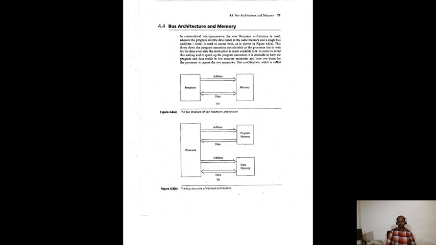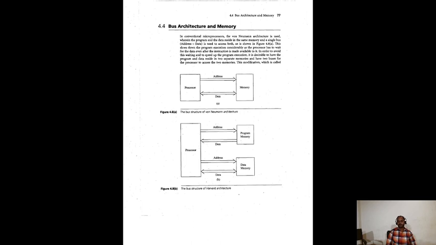The baseline is how you arrange the memory for program requirement and for data storage requirement. There are two kinds of storage: code storage and data storage. If you combine them in a single storage, where code and data are both stored in the same memory, we call it a Von Neumann architecture.